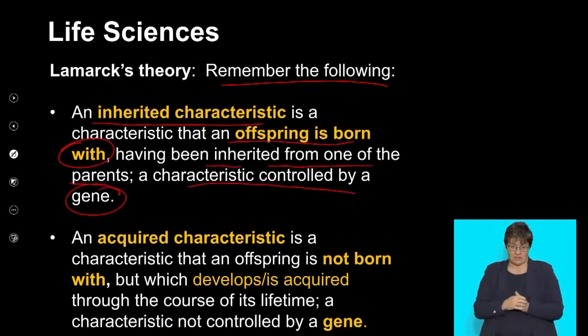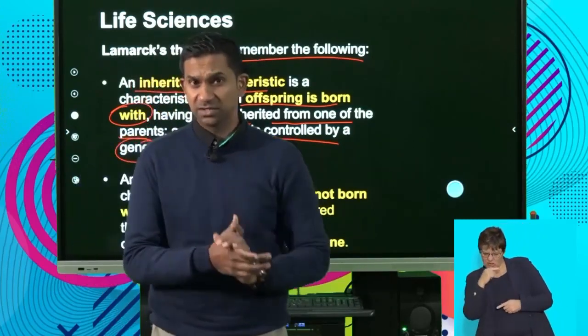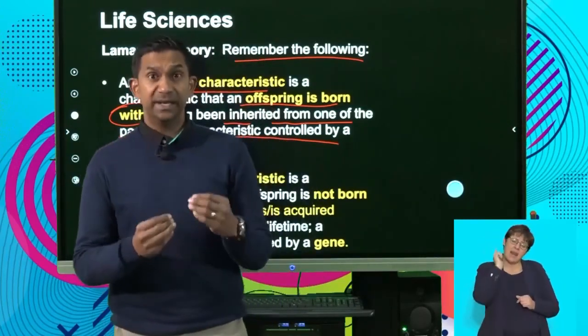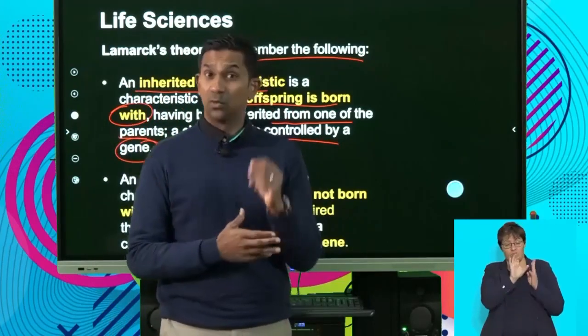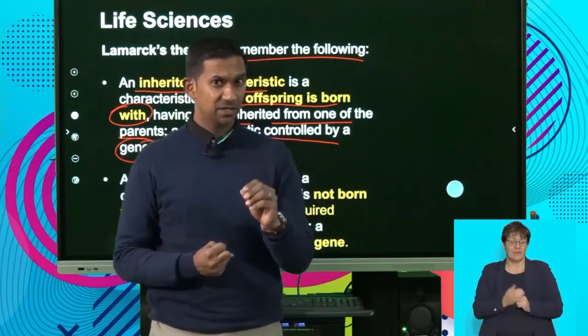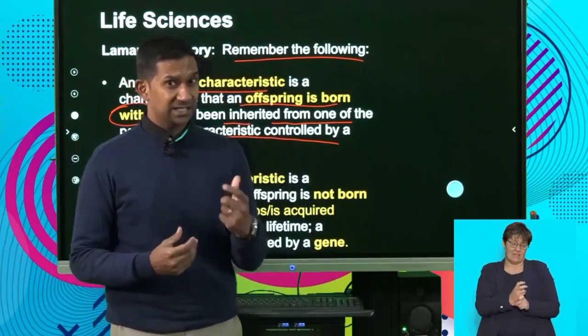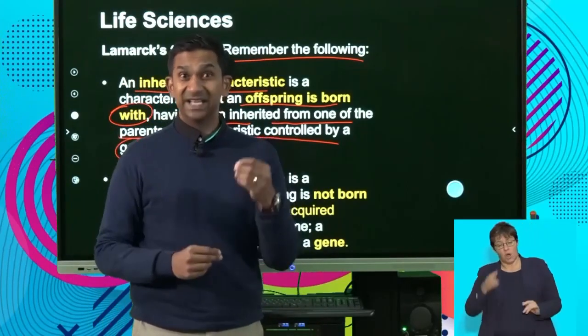Back in the day, Lamarck and Darwin were not able to coin the term gene. Much later on, when Mendel unpacked the factor that was used to inherit characteristics, was the term gene coined. So it was very difficult back in the day for Lamarck and Darwin to actually use the word gene as a concept of inheritance.